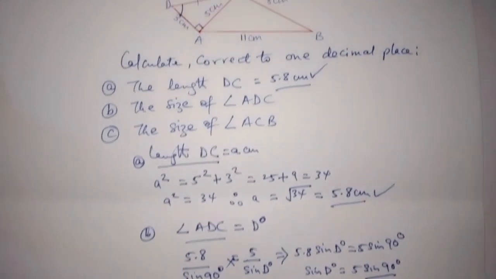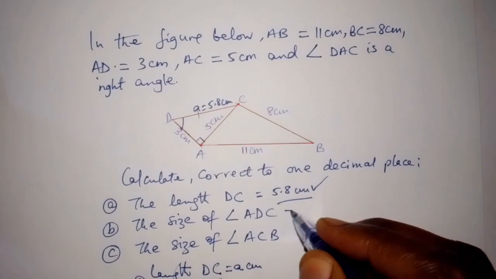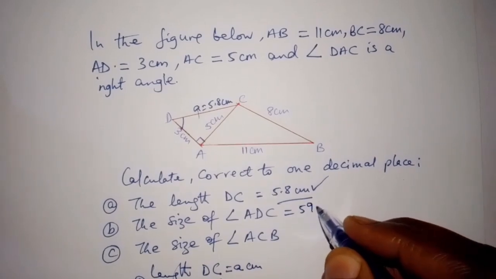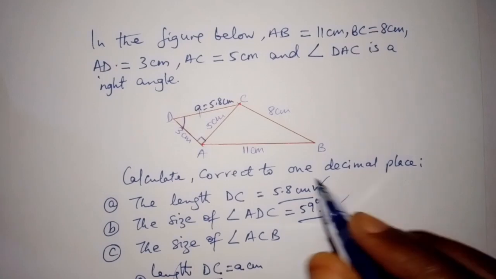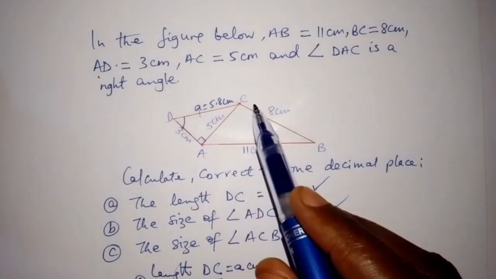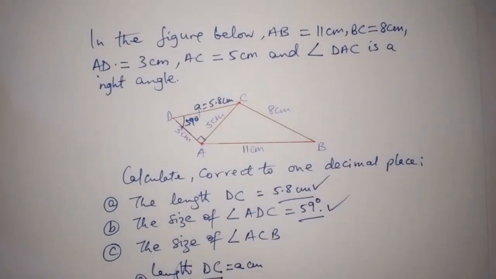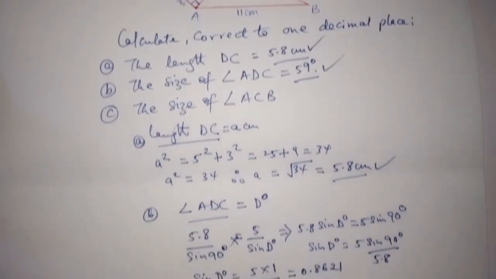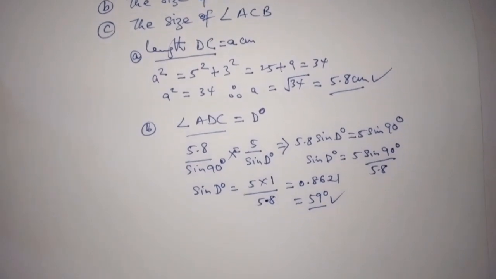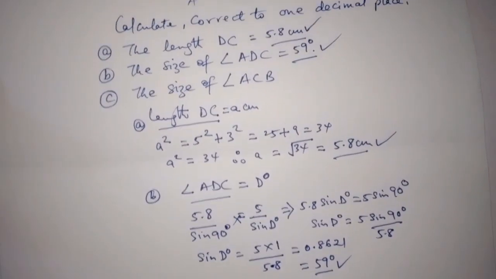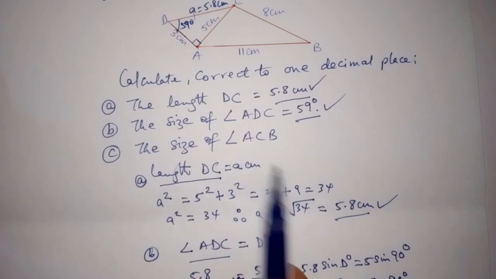So we can say that angle ADC is 59 degrees, applying the sine rule.